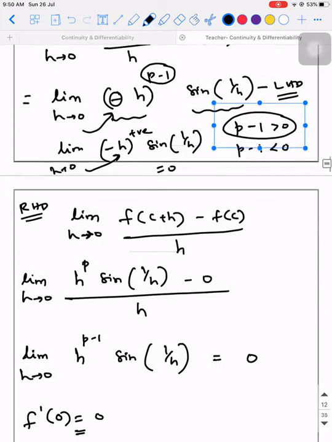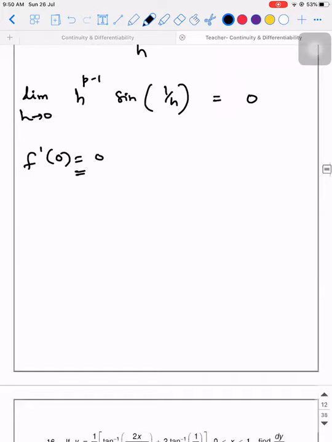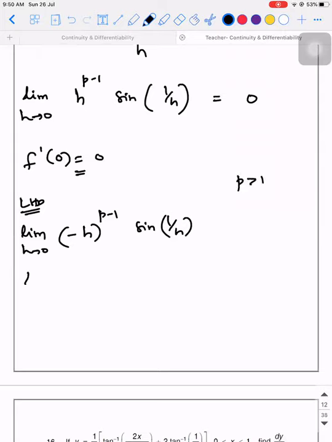So let me break it into 3 cases. Can you guys tell me what it is? Left hand derivative is limit h tends to 0 minus h to the power p minus 1 into sine of 1 by h. Okay. So when p is greater than 1, it will become limit h tends to 0 minus h to the power of p minus 1, which is some positive value, into sine of 1 by h.